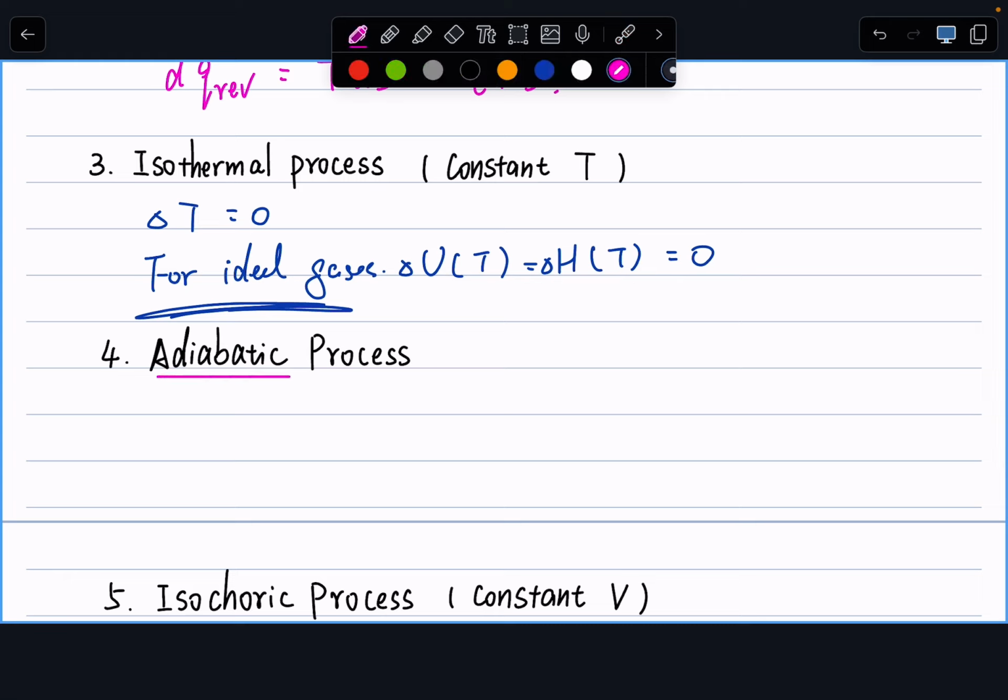But for adiabatic processes, whenever you see an adiabatic process, it doesn't matter what system we're talking about. An adiabatic process only tells us my system is separated from the surroundings by an adiabatic wall, so no heat transfer is allowed. So dq equals 0 and q equals 0 for adiabatic processes.